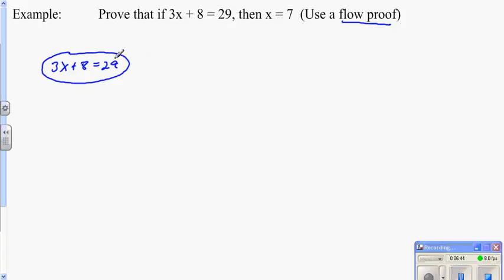Right now we don't have to say given with flow proof. Flow proof has steps for each arrow. So I'm going to go to our next one here, and if we look at this equation, our first step would be to subtract 8 from both sides. If we subtract 8 from both sides, we get 3x equals 21.